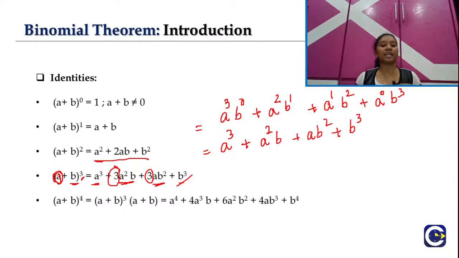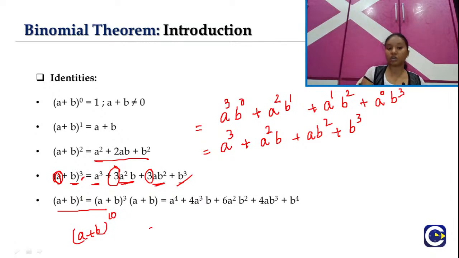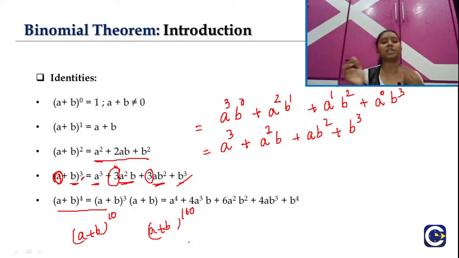If we could get a relation or pattern for the coefficients also, then it will be easy to write any expansion. We are actually remembering only until a plus b whole power 4, for example. But if we could remember all these observations along with the relation of these coefficients, we can write for any power. That means we could write a plus b whole power 10 also, a plus b whole power 100, a plus b whole power 500. For any of them, we could easily write it. So now our aim is to focus on getting the pattern for our coefficients.